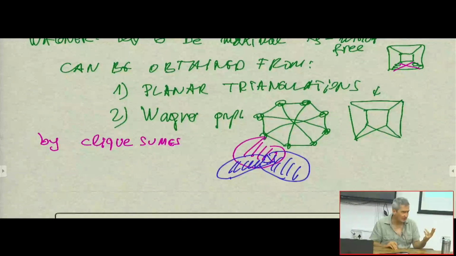I think up to 3, 4. I'm not sure anymore. And along the edges of the Wagner graph, you can either glue Wagner graphs or you can glue triangulations. This is how a K5 minor free graph looks. So it's kind of a tree structure. It's a kind of tree whose vertices actually are Wagner graphs and triangulations, and they are attached to each other through some small clique.